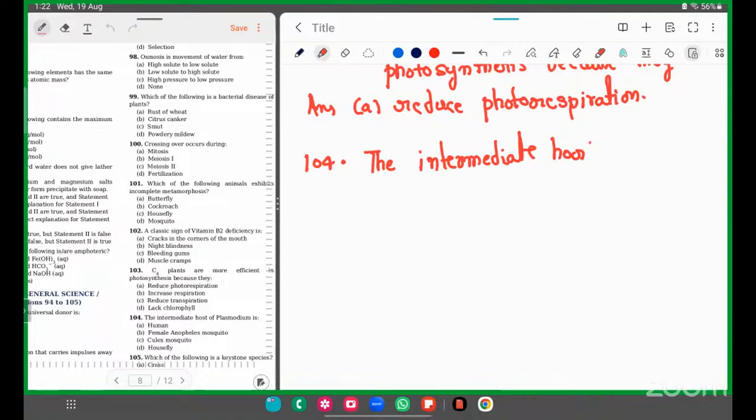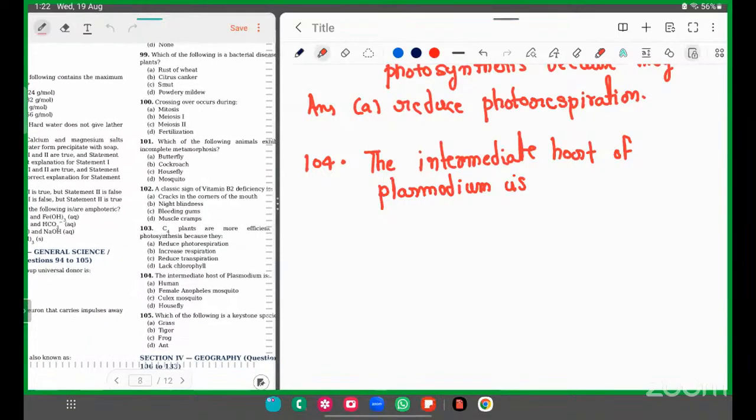The intermediate host of plasmodium is. Okay. So the answer will be female Anopheles mosquito, because the stages of a mosquito contain plasmodium.